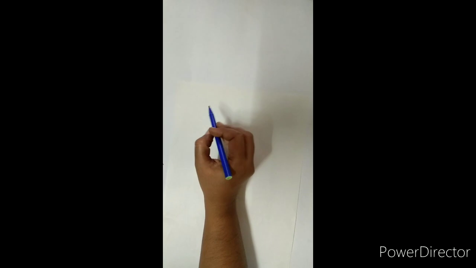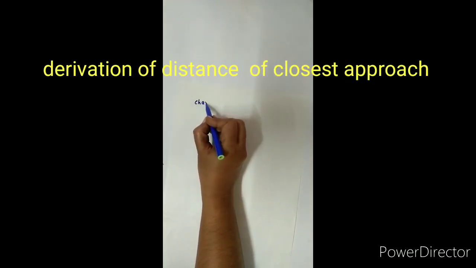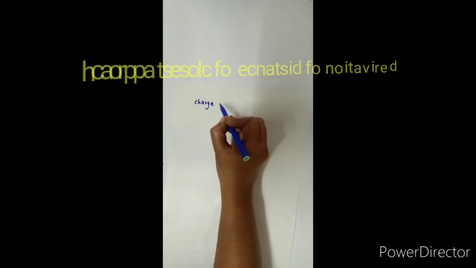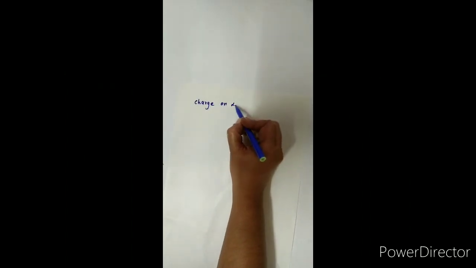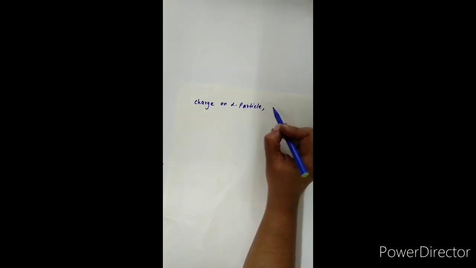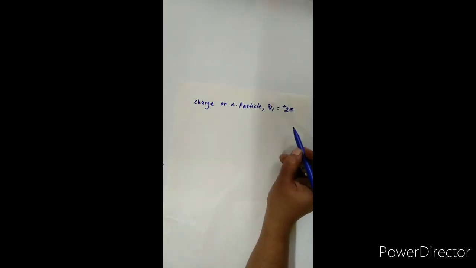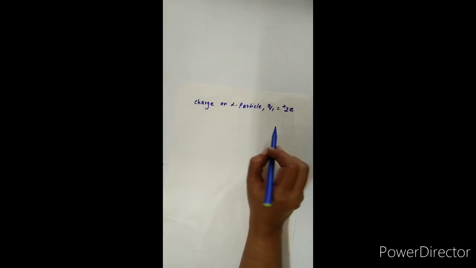Next is the derivation of R0. From the previous figure, the charge on the alpha particle is denoted as Q1 equal to plus 2e, where e is the charge of the electron.